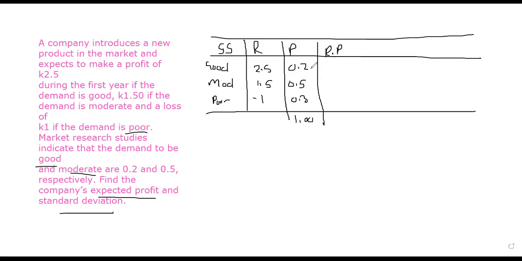So 2.5 times 0.2, we get 0.5. 1.5 times 0.5, 0.75.